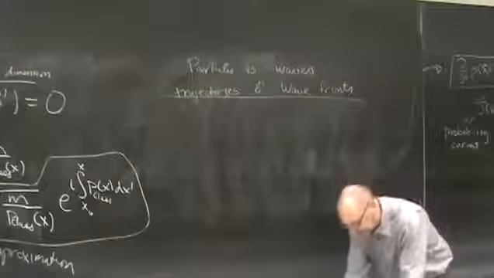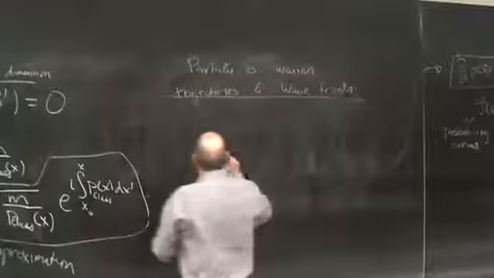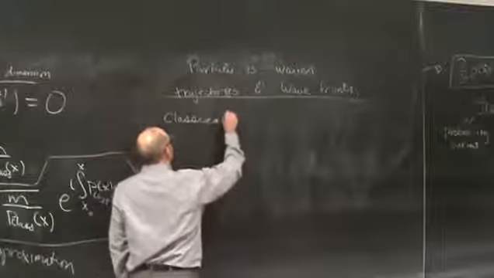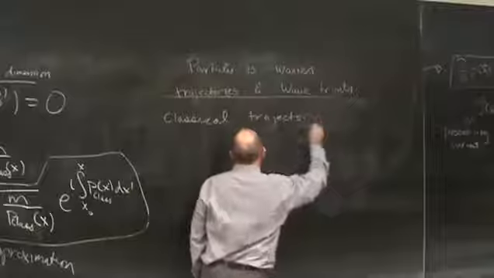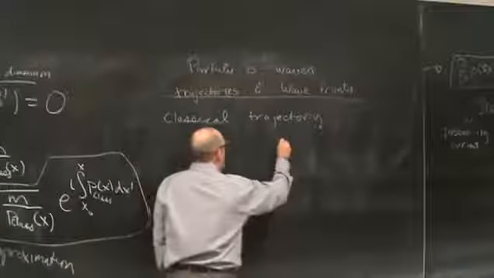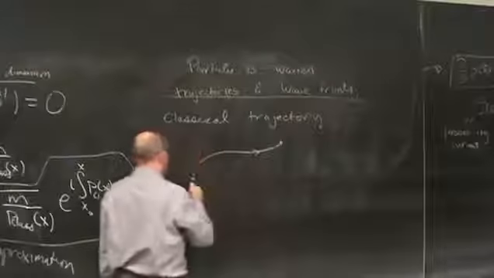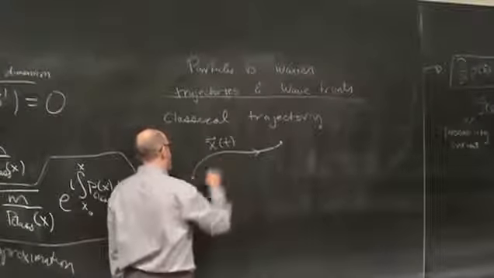Right. Okay. So, what do we know classically? So let's say we know a particle moves along a trajectory. Okay? So there's some trajectory as a function of time.